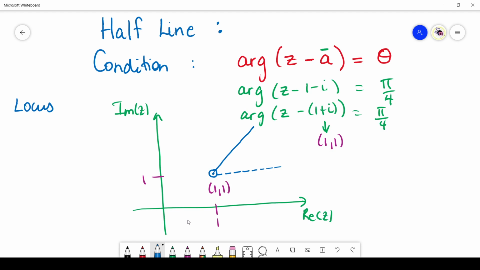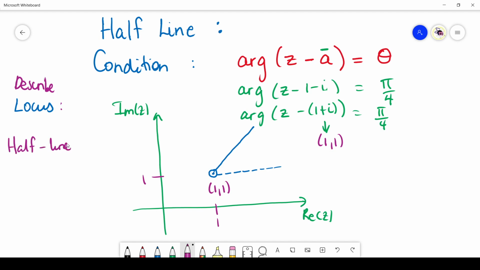And there's a special wording that you have to use when you're describing this diagram, because a lot of times, sometimes in multiple choice, they'll ask you to describe the locus of this complex number. If they ask you to describe the locus or the location, you're going to say that it is half a line.